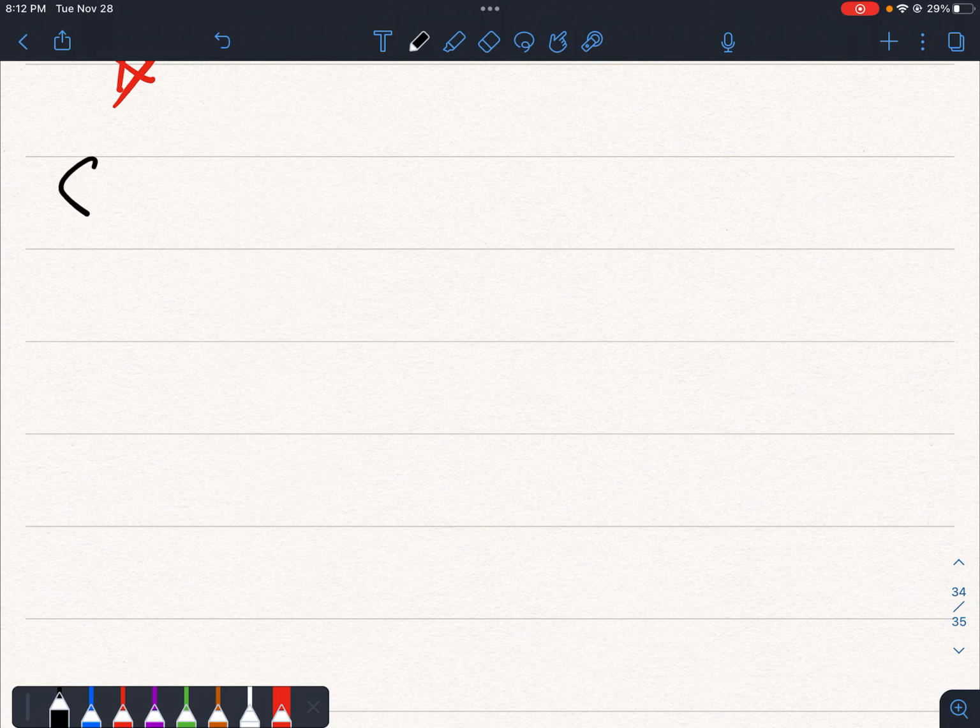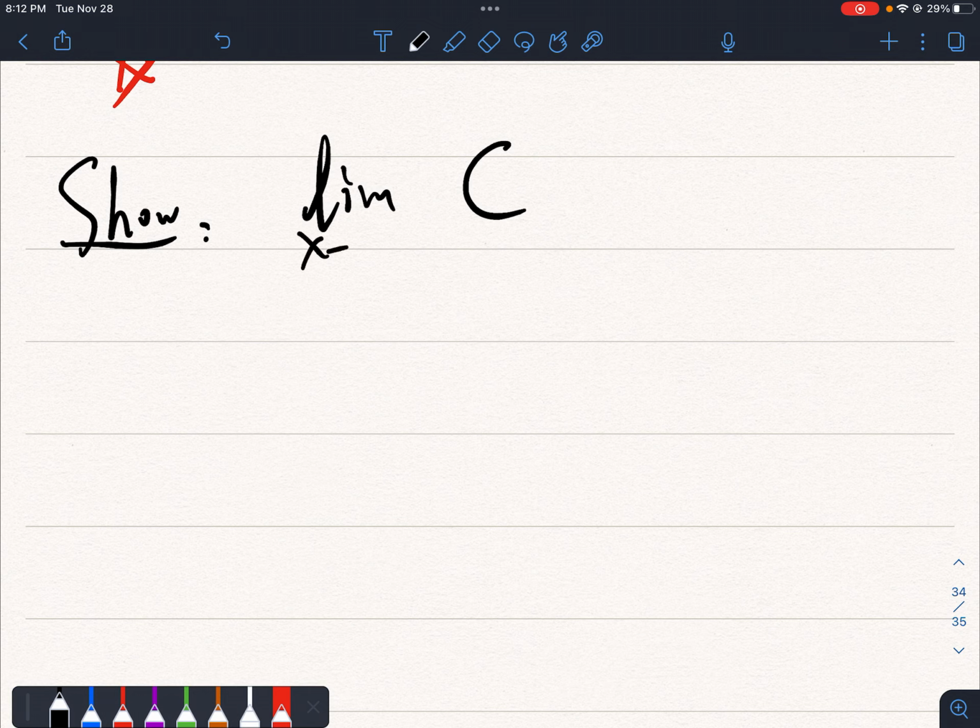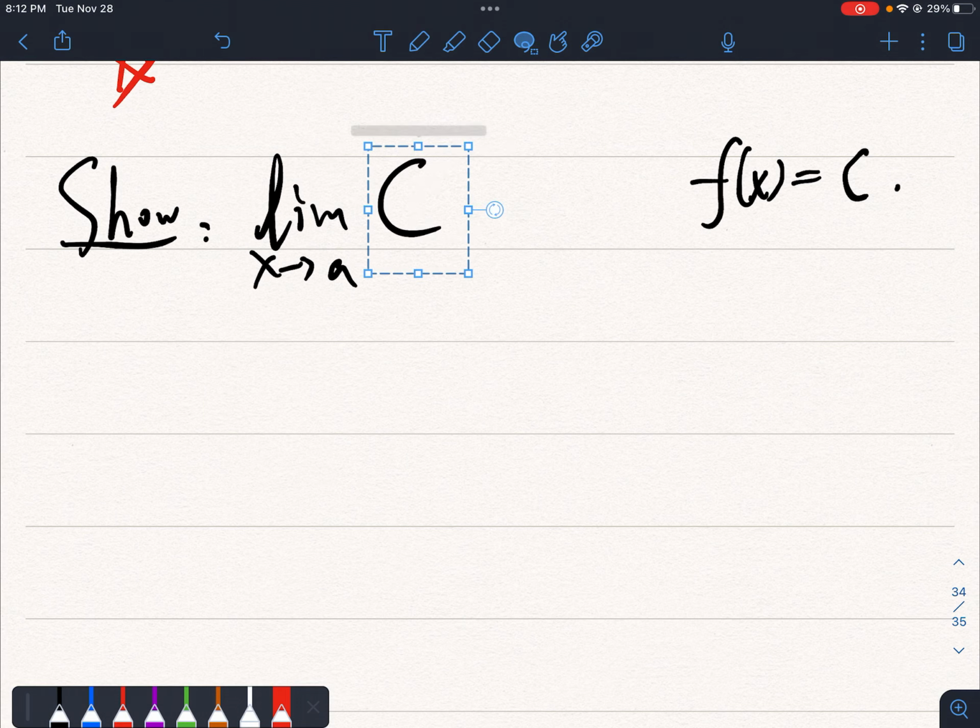Then we can use this definition to prove some results that are easy to prove. First we want to show that the limit of a constant function, let's say f of x is always equal to c, at any point a, is equal to the constant c, which is a real number, for all points.